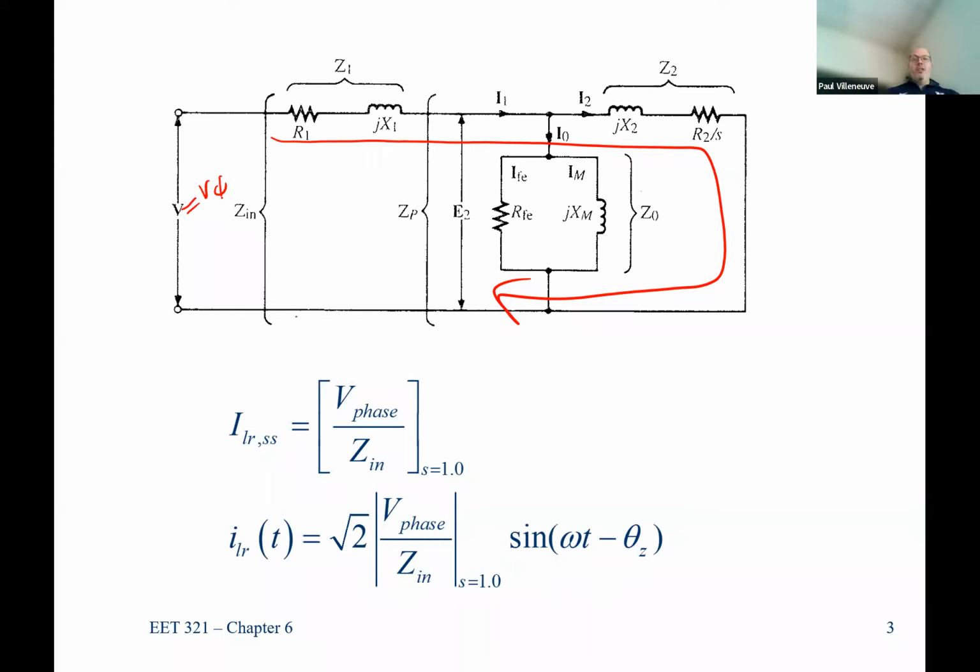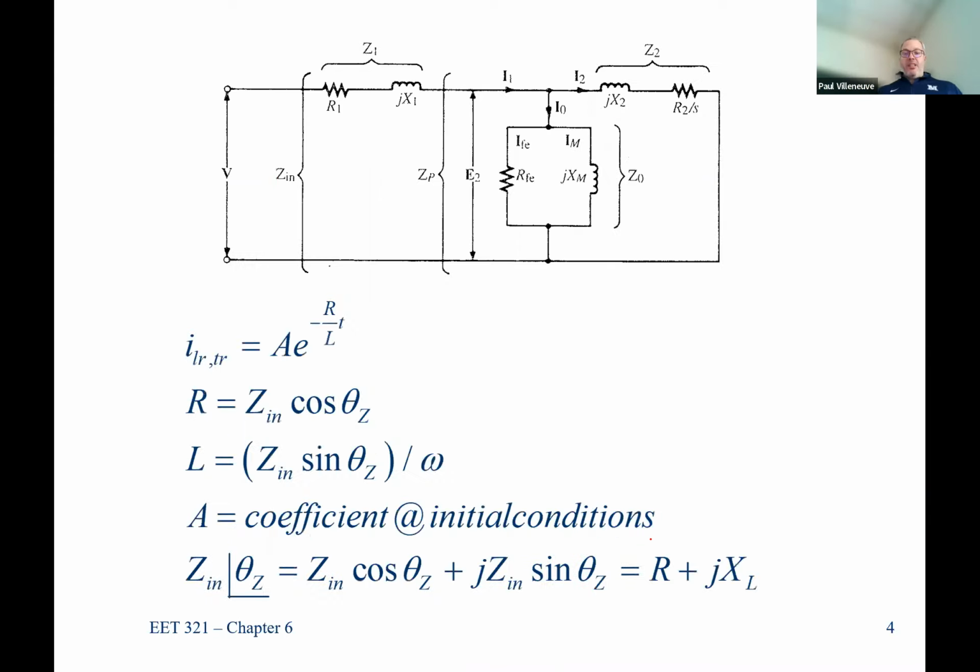You don't have much because this R2 over S is a pretty small value. It's just R2, as a matter of fact. So I've got the steady state value here, and then I've got this decaying exponential. Don't worry too much about that. Well, actually, no, this is the steady state value. We would have a decaying exponential if it had an e to the minus t, and that's this part over here.